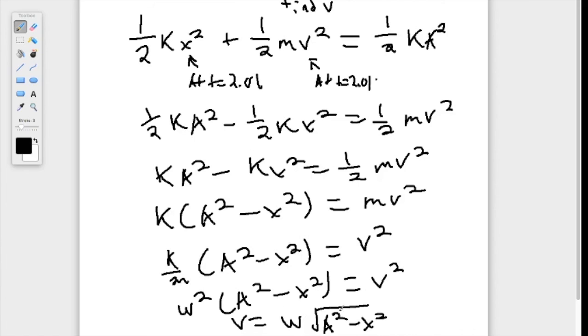So we already know the amplitude, which is 10.18, and we already know the angular frequency, which is 2 pi over 0.81, times the square root of 10.18 squared minus, and we already calculated this, so it would be 5.25 squared.